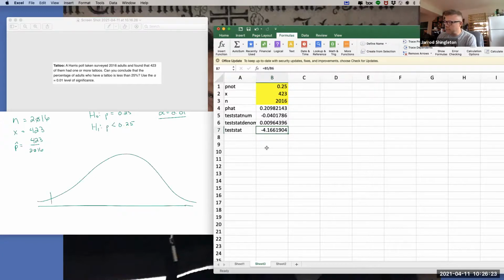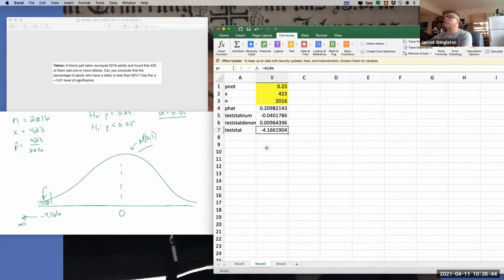my test statistic is way over here at negative 4.166. I know that this is a normal distribution around 0 and 1. And my p-value is this area under the curve out to negative infinity. So let's go ahead and calculate that p-value.